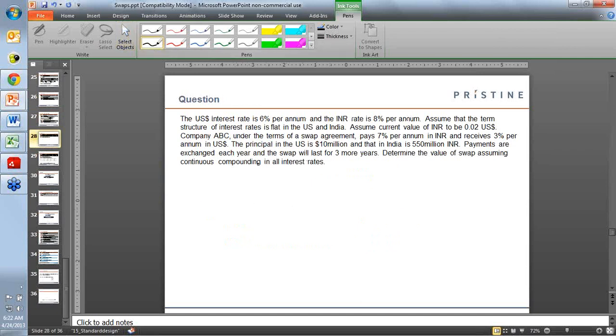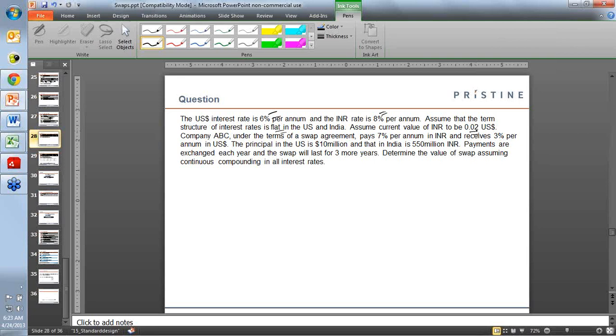So here we have a case where the US interest rate is 6% per annum. The Indian interest rate is 8% per annum. Assume that the term structure of interest rates is flat in US and India. That is, the interest rate does not change with a change in yield. Assume the current value of Indian rupee to be 0.02 US dollar.